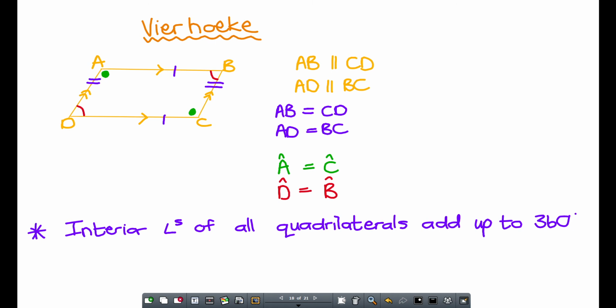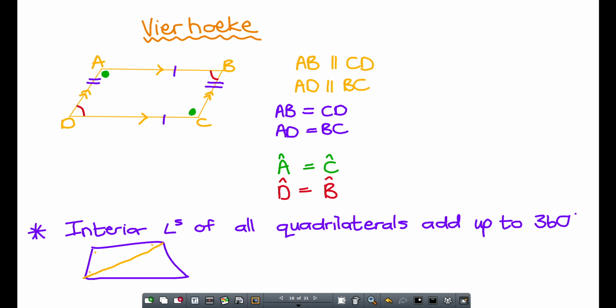Okay, just to give you a way to remember that. Let's say I'm not drawing a specific quadrilateral, I'm just going way out here. Okay, have a look at that. If I were to take a line and do that, can you see I'm now dividing that quadrilateral into two triangles? And what do we know about the interior angles of this triangle?